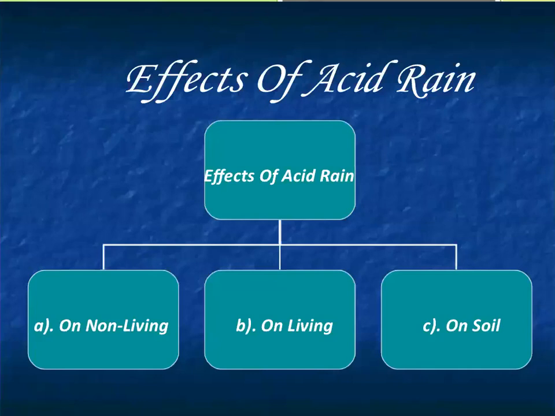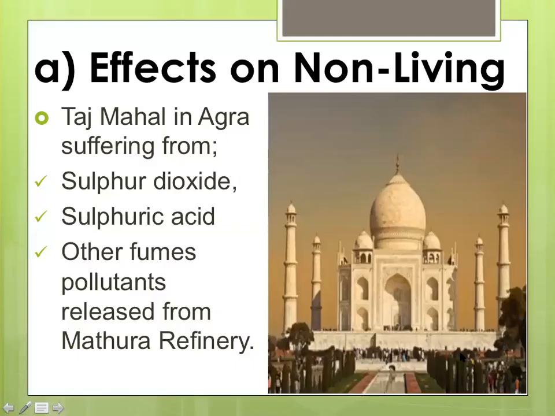So there are many effects of acid rain. The first effect of acid rain is called the effect on non-living things. It is further divided into three categories: non-living things, living things, and soil sediments.